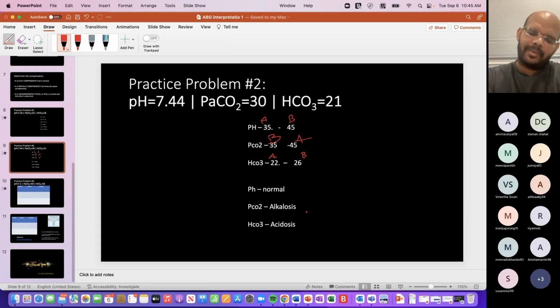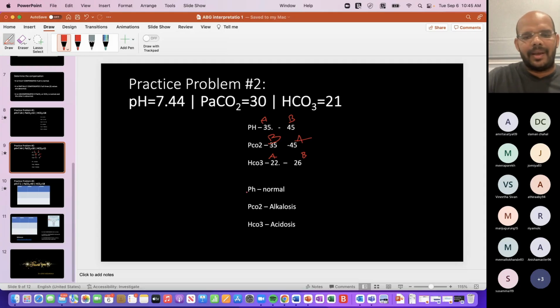Okay, metabolic. First thing, you know that your pH is normal, right? In that case, I know that it is very difficult. You are confused how to decide, because pH is what decides whether it is acidosis or alkalosis. Now, in this case, pH 7.44 is in the borderline of alkalosis.